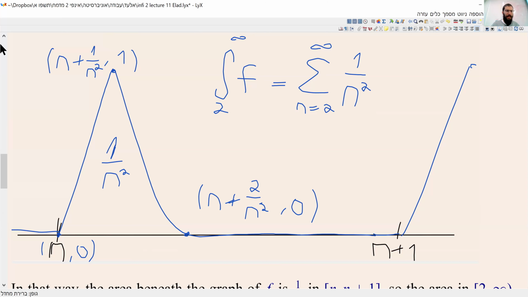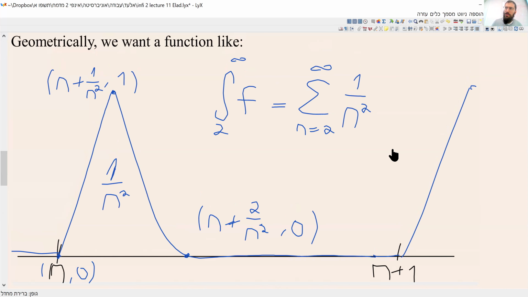Look at this example. How can you change this example in a way that, on one hand, all the conditions are the same, the integral convergent, and on the other hand, the function is not bounded anymore?